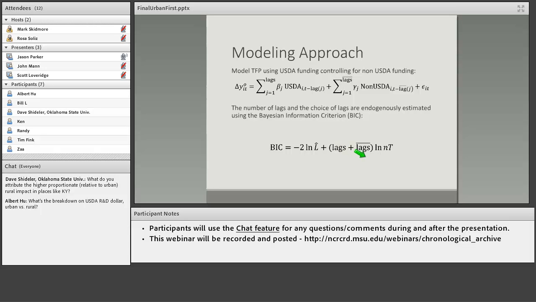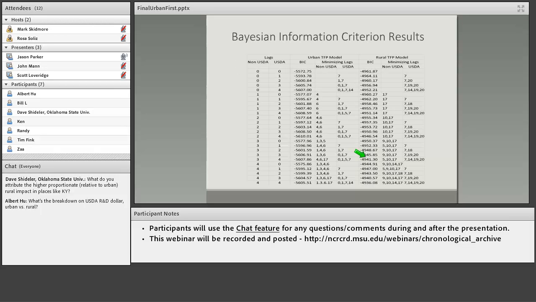This allowed us to endogenously select the lags, so we didn't have to specify that USDA funding has an impact at 5 years and 10 years and 15 years. We allowed it to vary, so we could actually choose the right impacts.